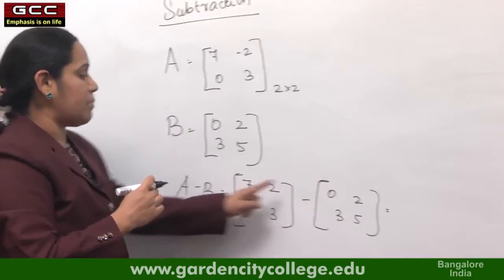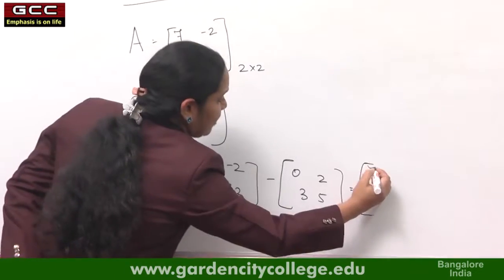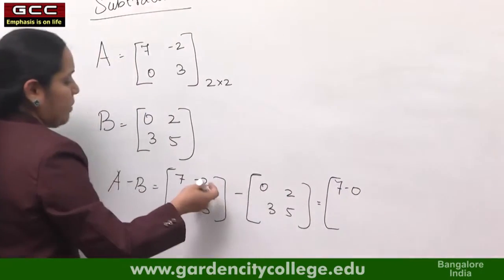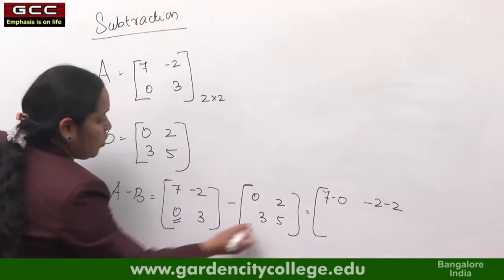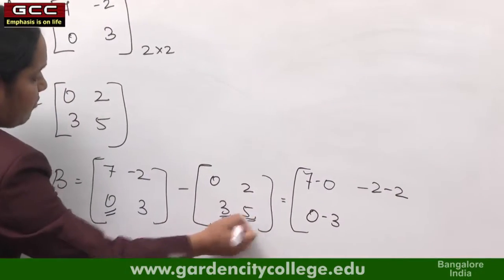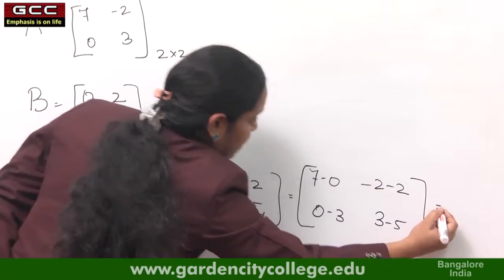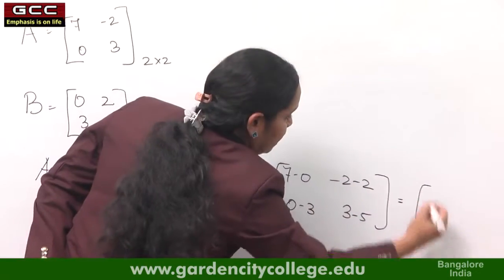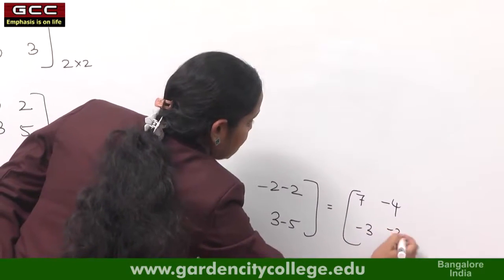That is, 0 should be subtracted from 7, 7 minus 0, 2 should be subtracted from minus 2, 0 should be subtracted from 3, and 5 should be subtracted from 3, that is 3 minus 5. So the resultant matrix will be 7, minus 4, 3, minus 2.